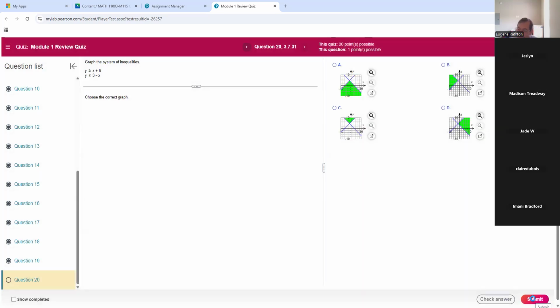All right, y'all. So now this one, you actually either got to graph it on the calculator or graph it by hand, okay? So we got to see if this is going to equal A, B, C, or D. So y is greater than or equal to x plus 6. Y is less than or equal 3 minus x.